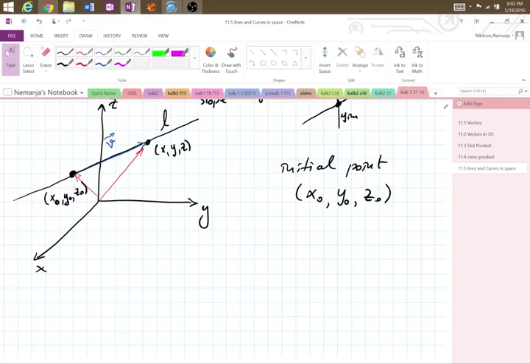Now that you have this picture, let me write that your equation is going to be this initial point plus tv.